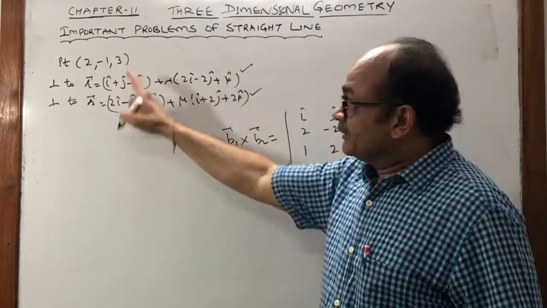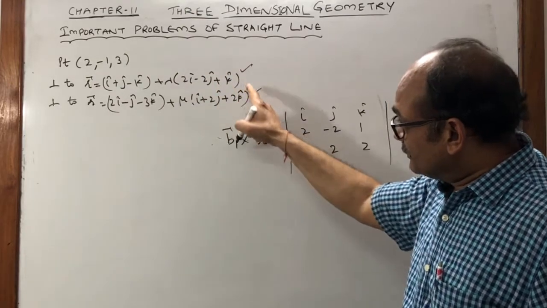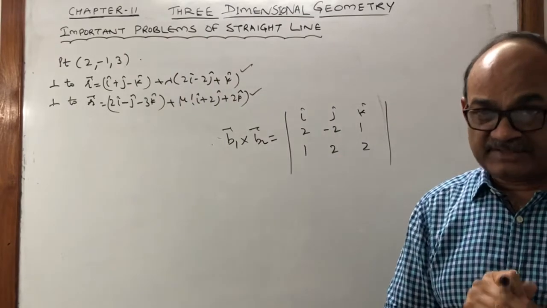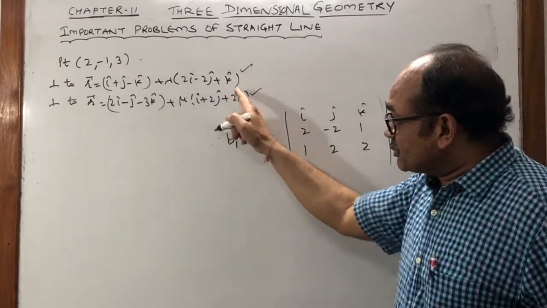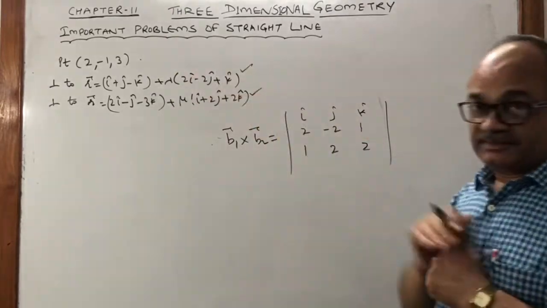Why? The given first and second lines are both perpendicular to the required line. That is, if we calculate b1 cross b2 of these two, that will be parallel to the required line.